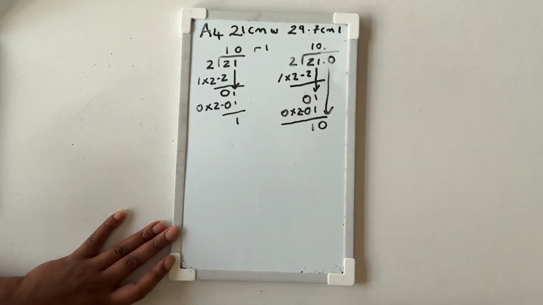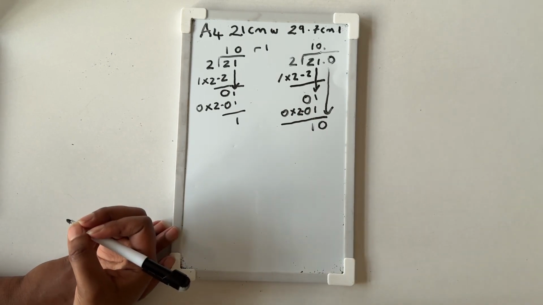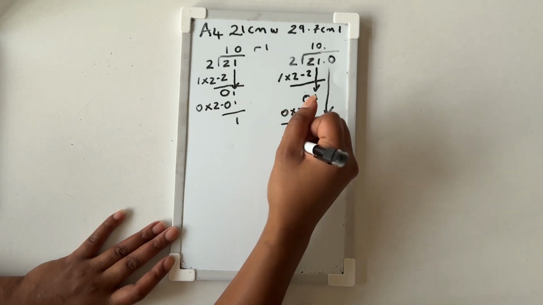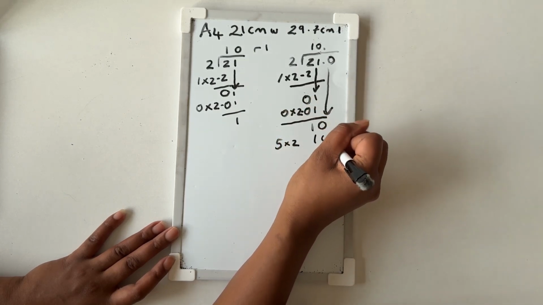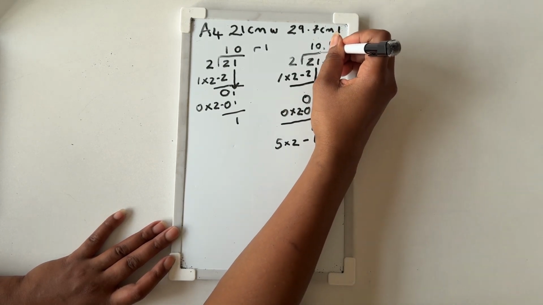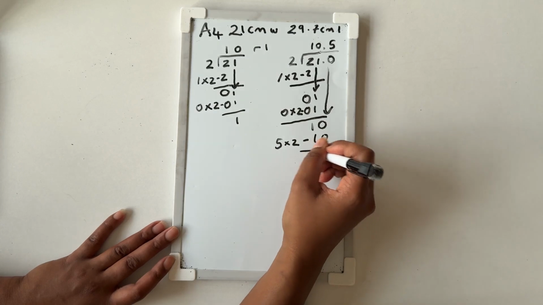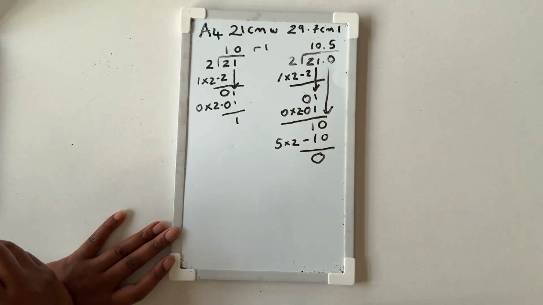Now, does 2 fit into 10? Let's do our division. Yes. 5 times 2 is 10. So put our division here, and we're going to subtract, and that leaves us with 0.